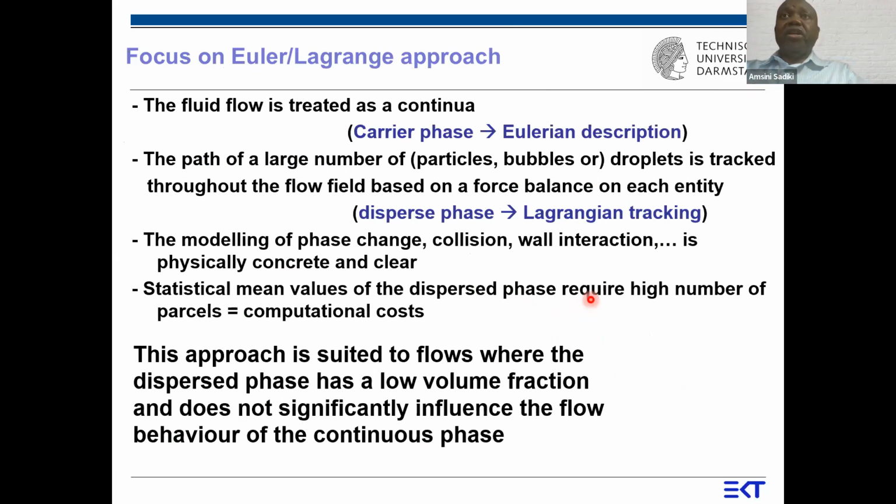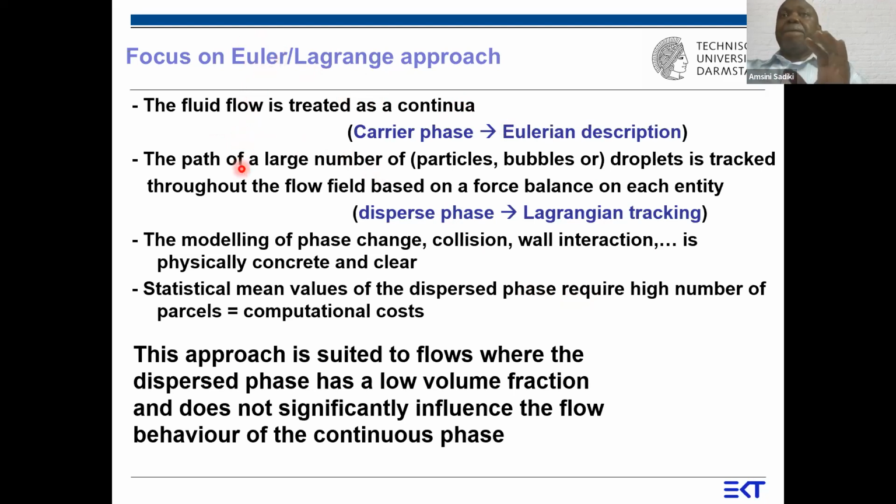So the advantages and disadvantages of the Eulerian Lagrangian. In the Eulerian Lagrangian, the fluid flow is treated as a continuum. So the carrier phase is described following the Eulerian description. That is why it is called Eulerian.